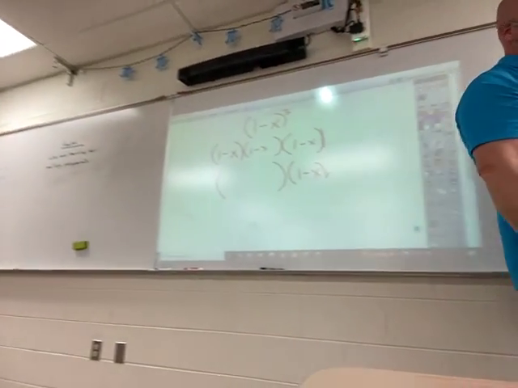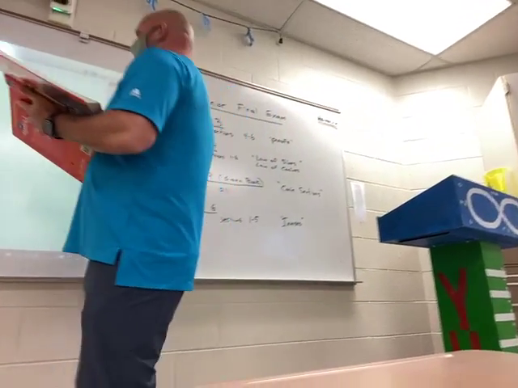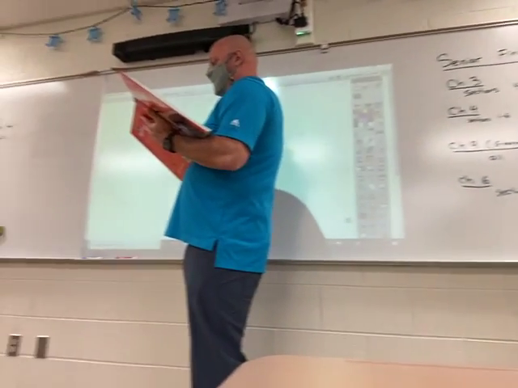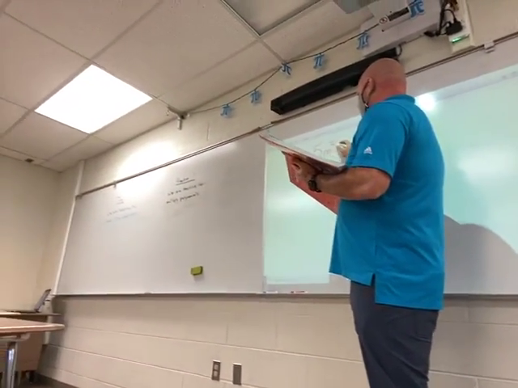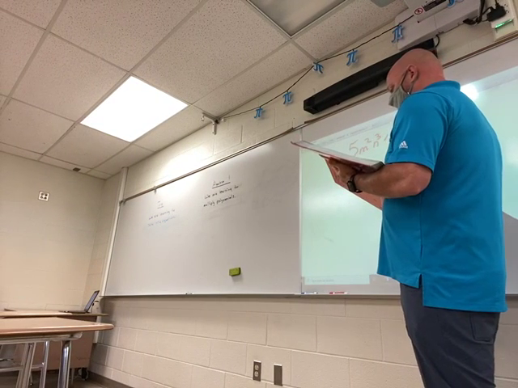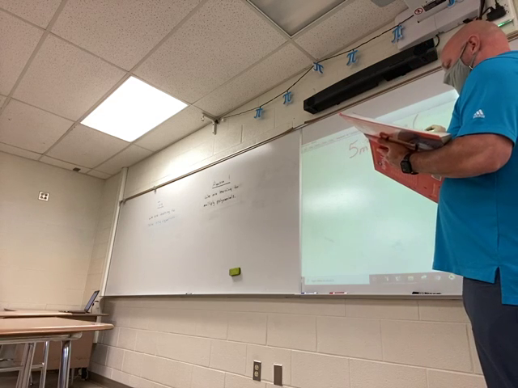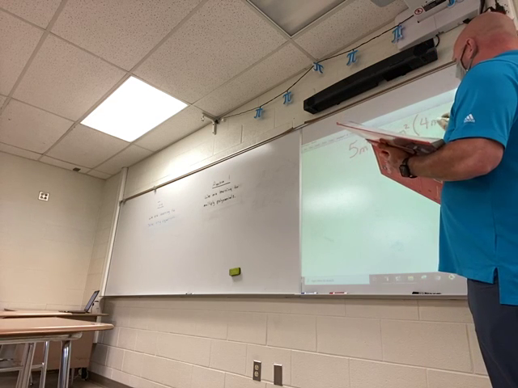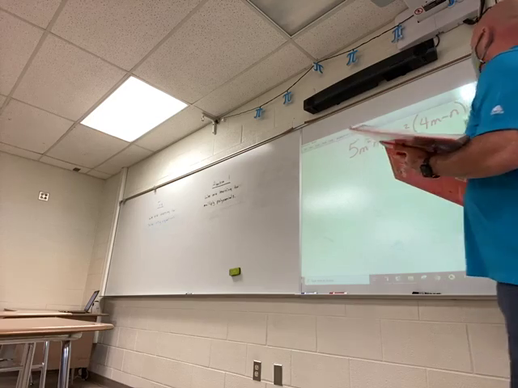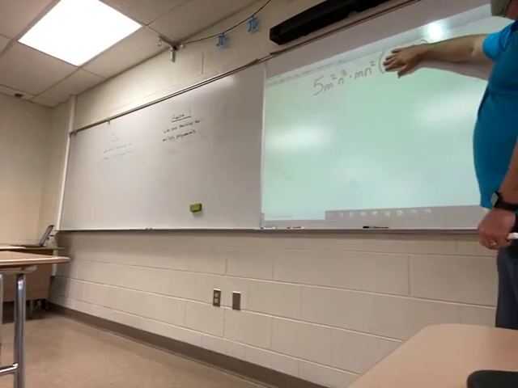All right, Abby, you had asked a question. What number was that? 12? All right, 12 says 5m squared n to the 3rd times mn squared times 4m minus n. Well, ignore the 4m, ignore this part.